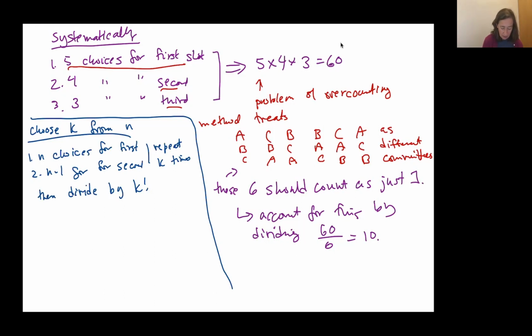Okay, so the answer here is going to be N times N minus 1, N minus 2, dot, dot, dot. And my dot, dot, dot here is going to be determined by however many factors I want to have. I want to have K factors in this numerator. And then I'm going to divide it by K factorial.